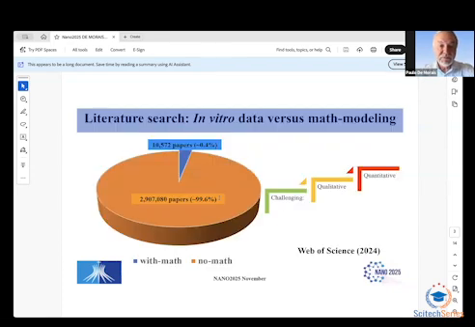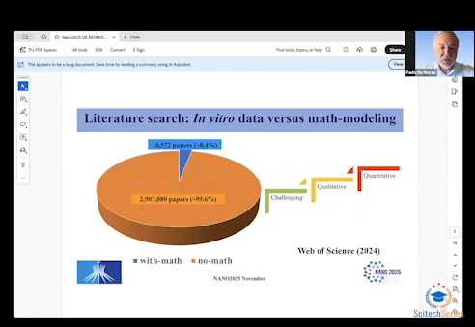So, if you take your time to do a little search about in vitro assays, we will find that a small fraction of the data, less than 1% of the in vitro data, includes mathematical modeling, and there is a huge number of publications in Web of Science, for instance.